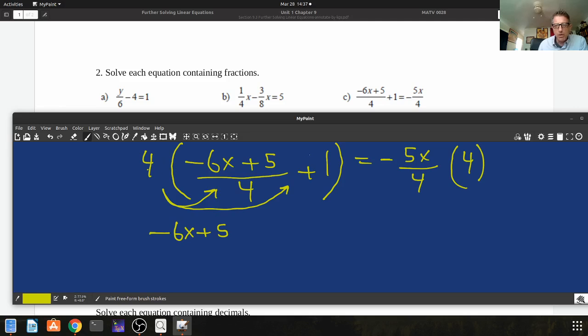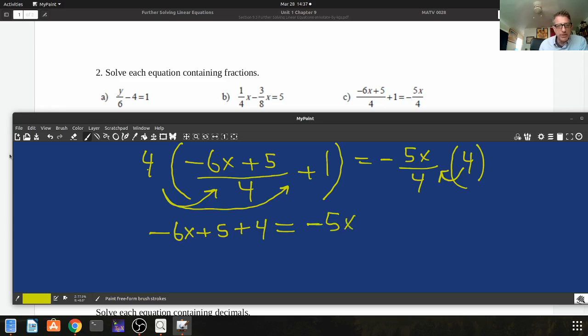Then 4 times plus 1 is plus 4. Over here, I'm multiplying 4 times this term. So 4 times minus 5x divided by 4 is the same as 4 divided by 4, which is 1, times minus 5x. So I just get minus 5x.